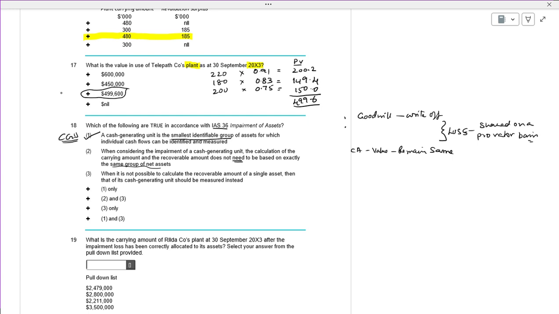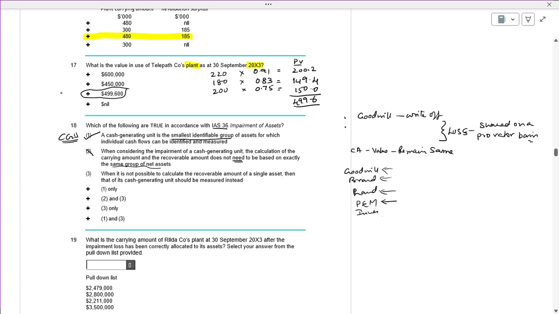If it is goodwill, you take goodwill; if it is brand, you take brand; if it is land, you take land. You cannot take land against plant and machinery or investments. You have to calculate in the same category. You cannot mismatch.